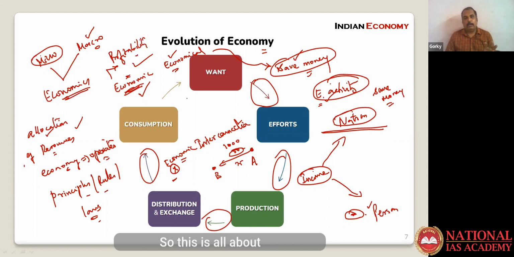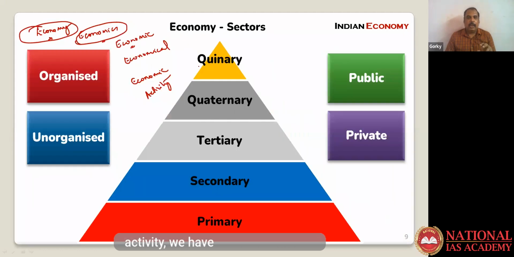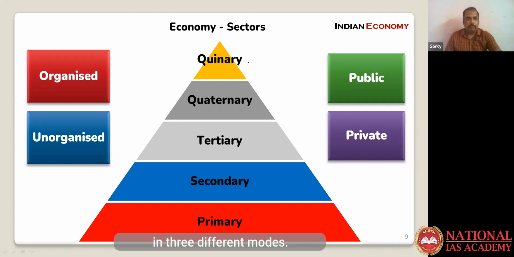So this is all about the five different words. Based on this economic activity, we have the sectors. In the economy we have different sectors. The sectors are classified in three different modes. One, based on activity, that is the economic activity.